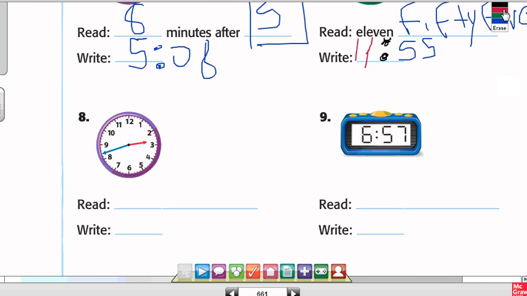So here I have between the 2 and the 3, that's 2 right there. So you could say how many minutes? 5, 10, 15, 20, 25, 30, 35, 40, plus 2 more spaces? 42.